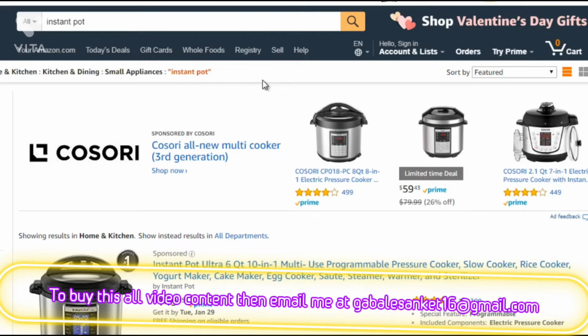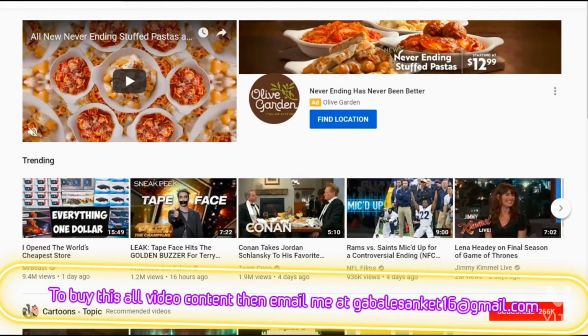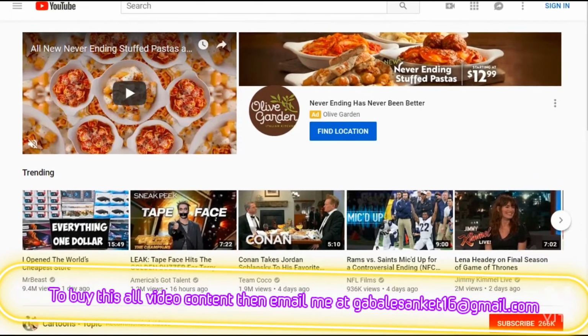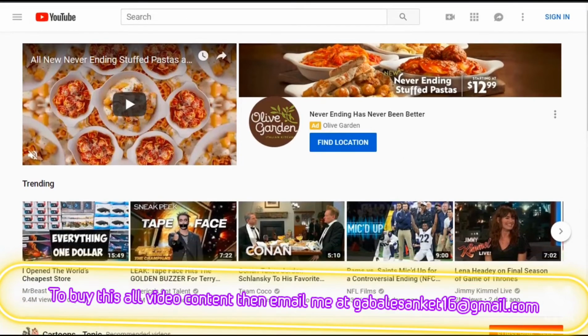One product that I've been using for a while now, which has been really awesome, is called the Instant Pot. It's basically a pressure cooker that cooks food at a really fast rate. So we're going to hop on over to youtube.com and type in Instant Pot and see what we get.